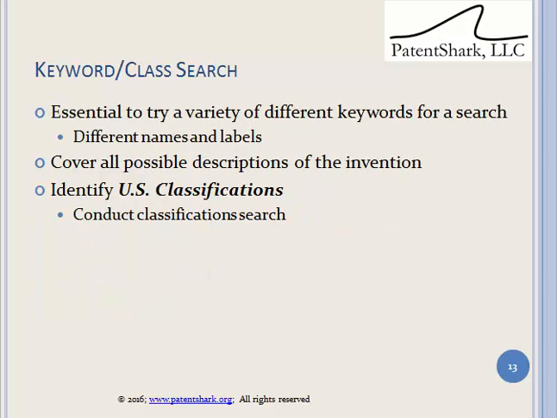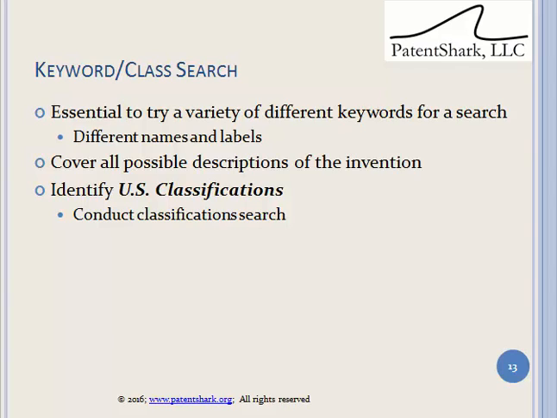Now, what are the specifics of conducting a patentability search? One of the first ways you approach this is by doing a keyword search. It's very essential to try a variety of different keywords for a search. You try different names, different labels, and you try to cover all possible descriptions of the invention.